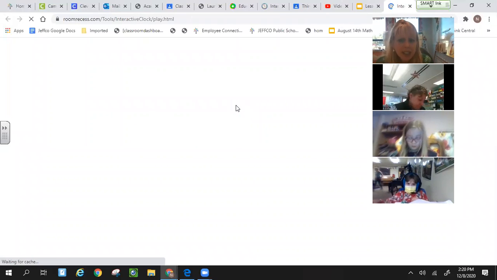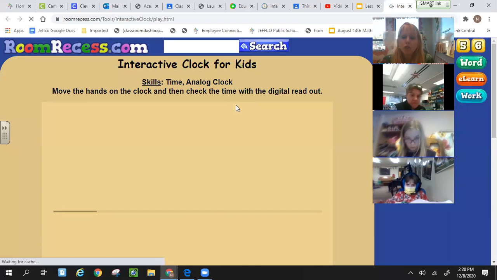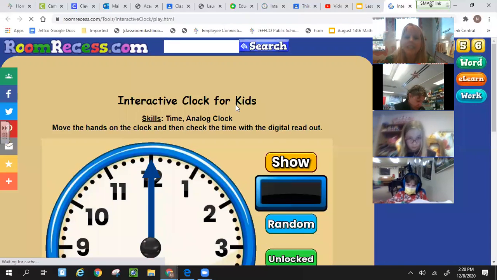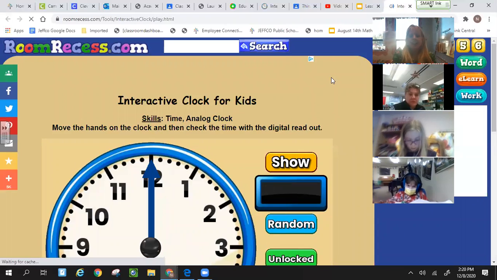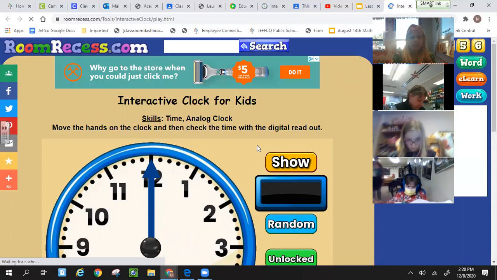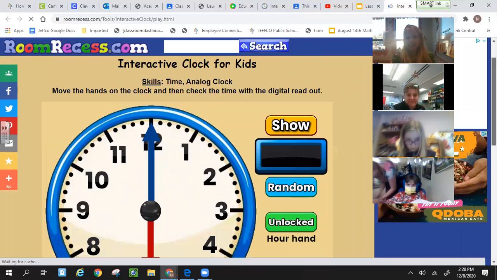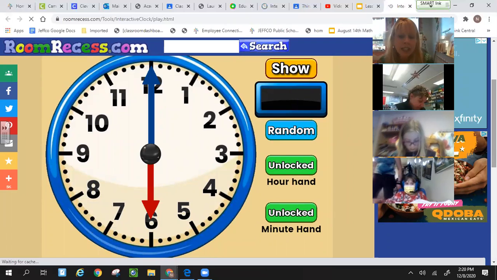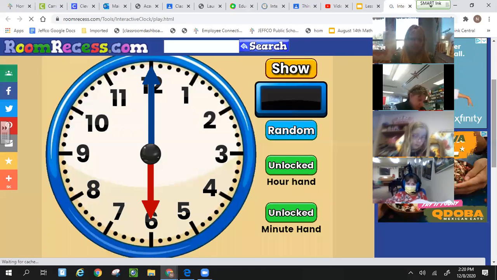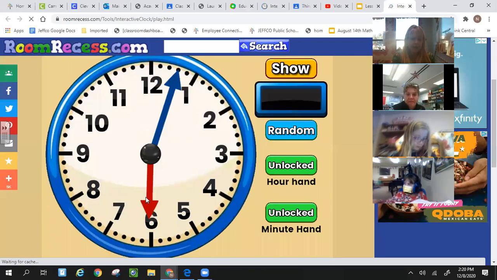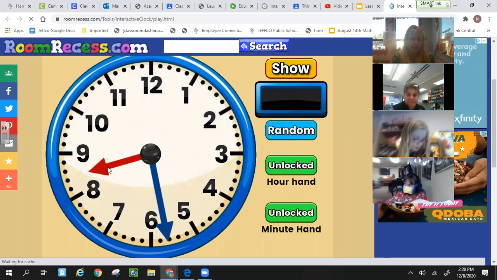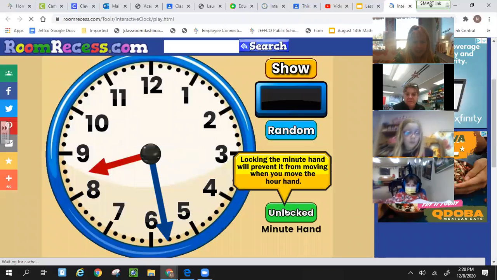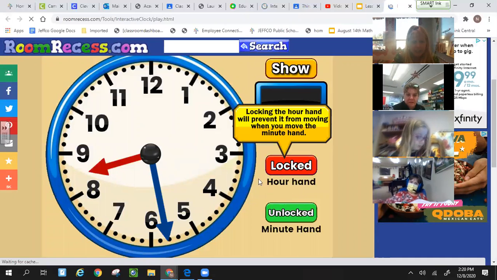I'm going to show you a time, and then I want you to write digitally what time it is. And then, let's see why I can't see the whole clock. And then digitally, you'll write it and write AM or PM, just like we did yesterday. So the first time that we are going to do is right here.